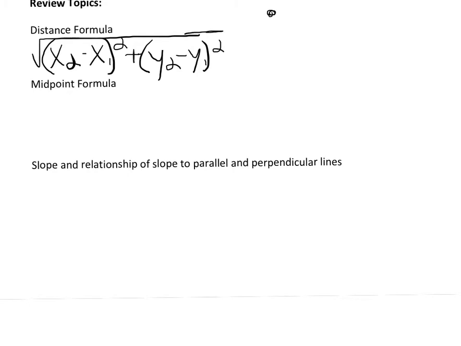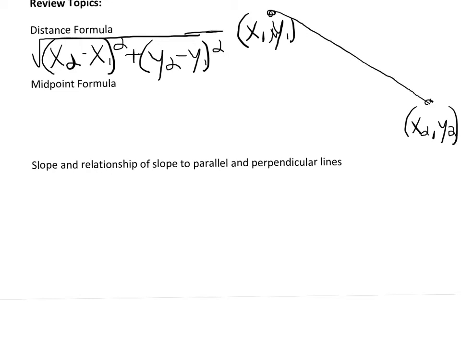And so it's like if we're thinking about if this is our x1, y1, and this is our x2, y2 point, and we're trying to find the distance, or like the length of this line. What we're really thinking about is that, well, we find the length of this, and then we find the length of this, and then we can find that hypotenuse.